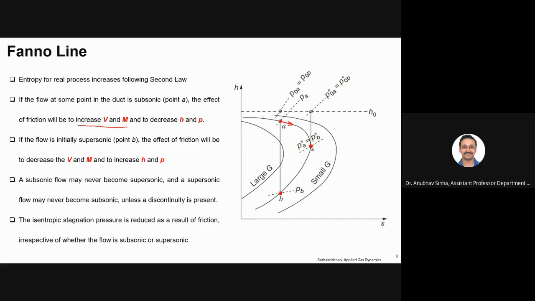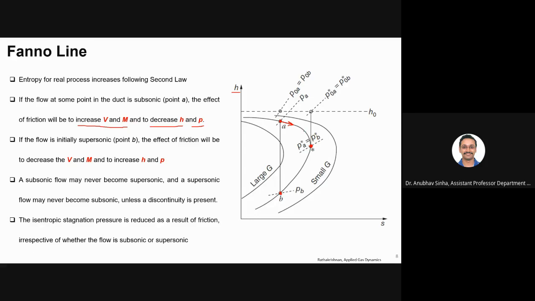If we are going down, H is also decreasing, and similarly pressure will also decrease. We are increasing velocity, so pressure has to decrease. That is what we studied for nozzle and diffuser.